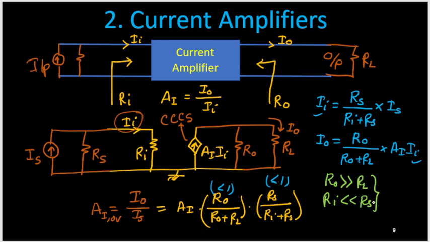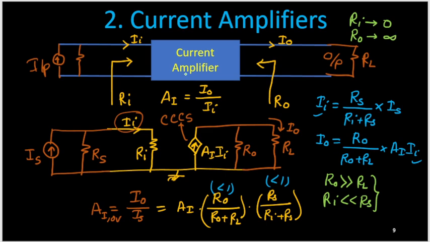In a voltage amplifier, we have seen that the input resistance should be as high as possible and the output resistance as low as possible. But in this case, it is just the opposite. Input resistance should be as low as possible, so ideally Ri could be close to 0, and R0 should ideally be infinite, very large. It is just the opposite of voltage amplifiers. Please make a note at this point.